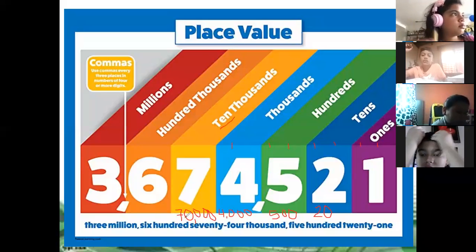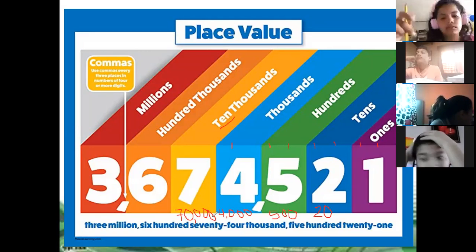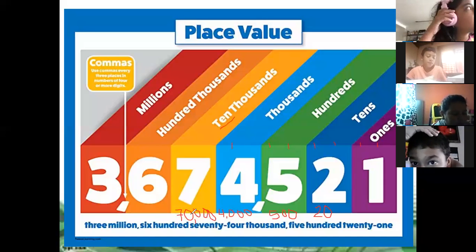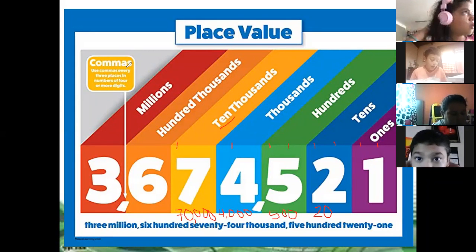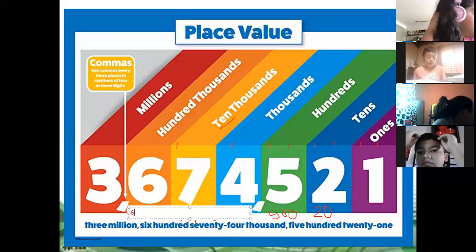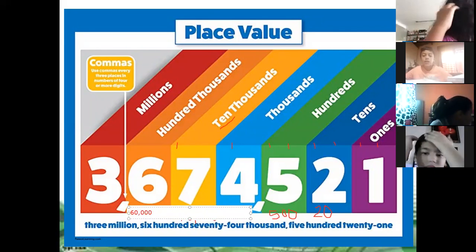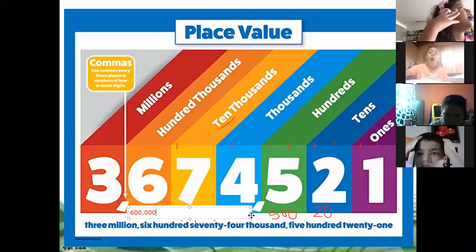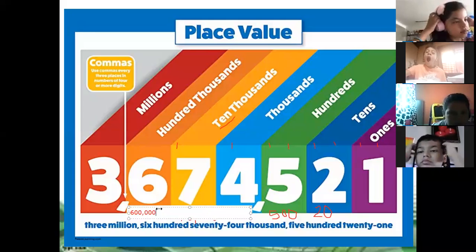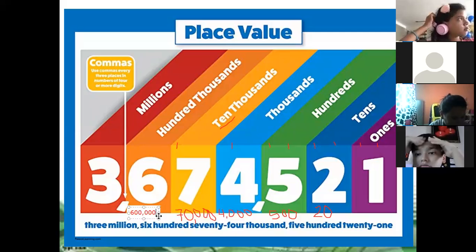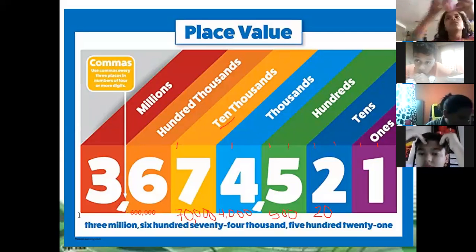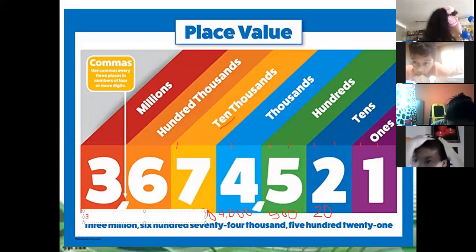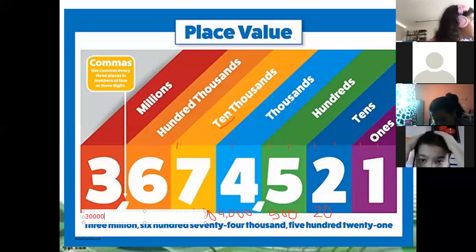Then 100,000 has 5 zeros. And the last one is 1,000,000, which needs to have 6 zeros.